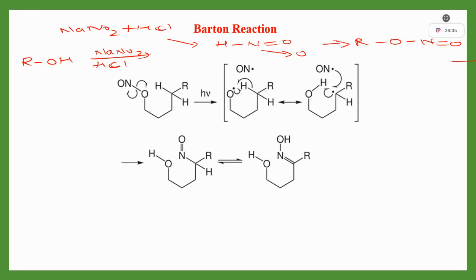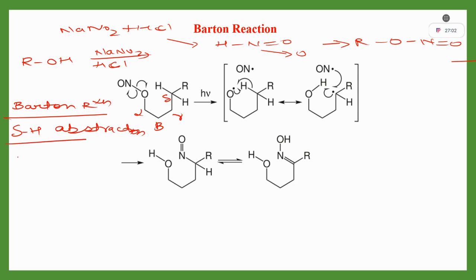Now what will happen, students? Alpha, beta, gamma, delta. So here the Barton reaction characteristic feature is delta hydrogen abstraction. In Norrish type 2, which type of hydrogen was abstracted there? Gamma.